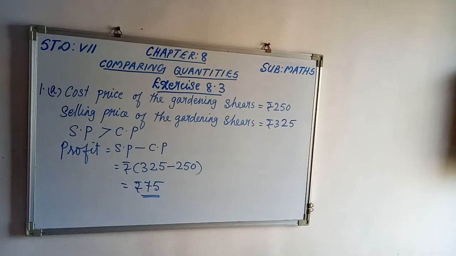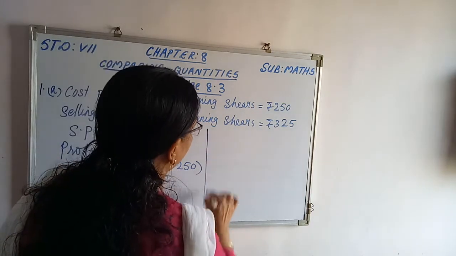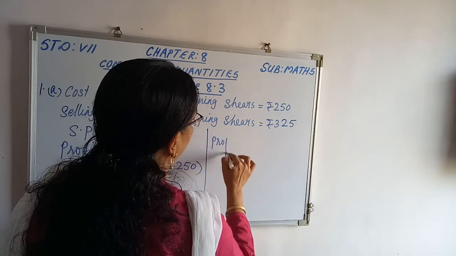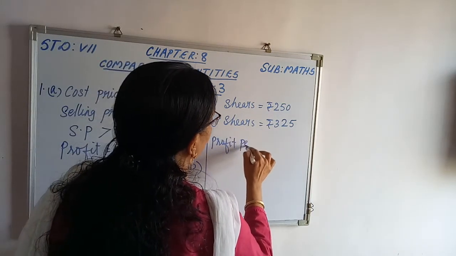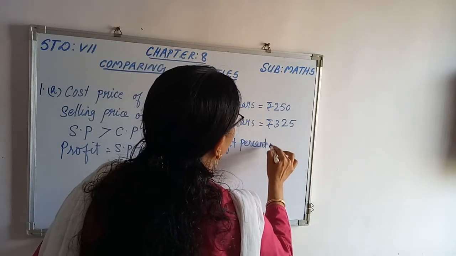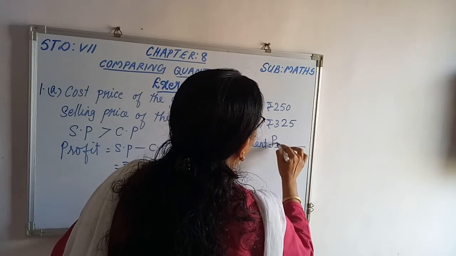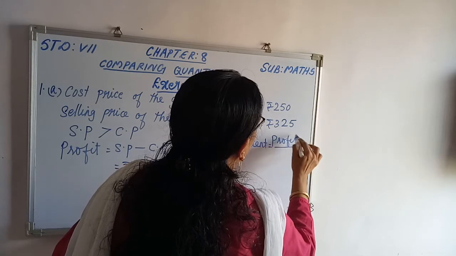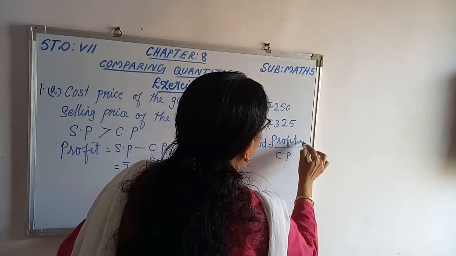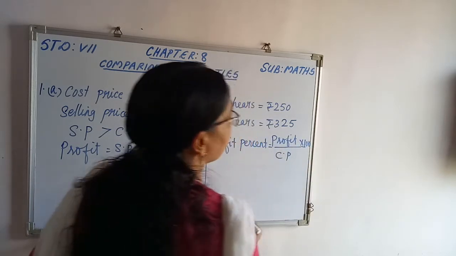Now we have to find out profit percent. So you know the formula, profit percent is equal to profit upon cost price multiplied by 100.